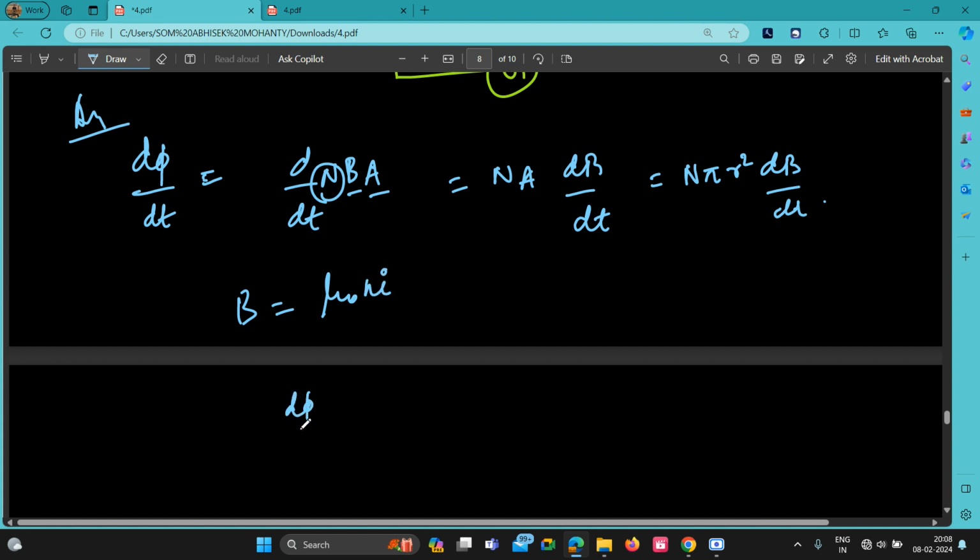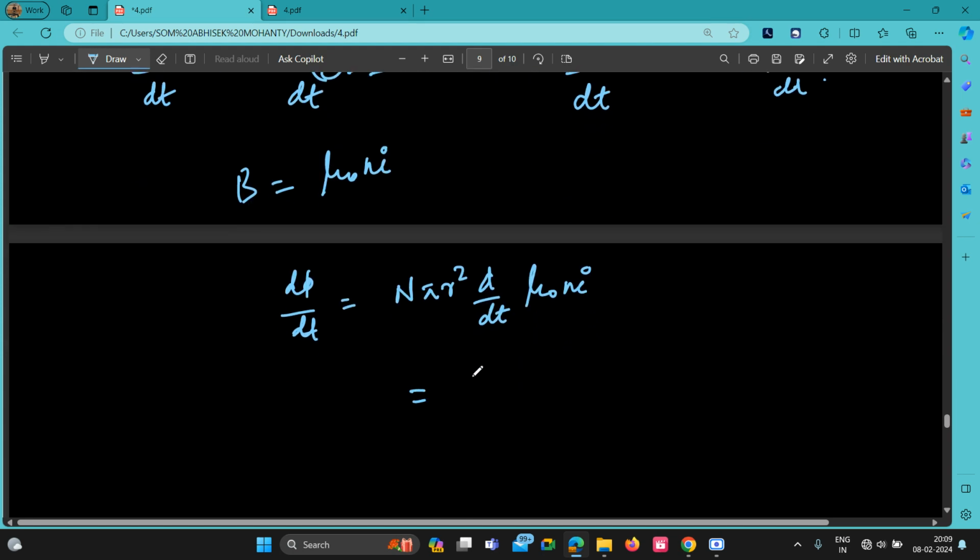So d phi by dt is equal to N pi r square d by dt of mu naught n i, which gives N pi r square mu naught n di by dt.